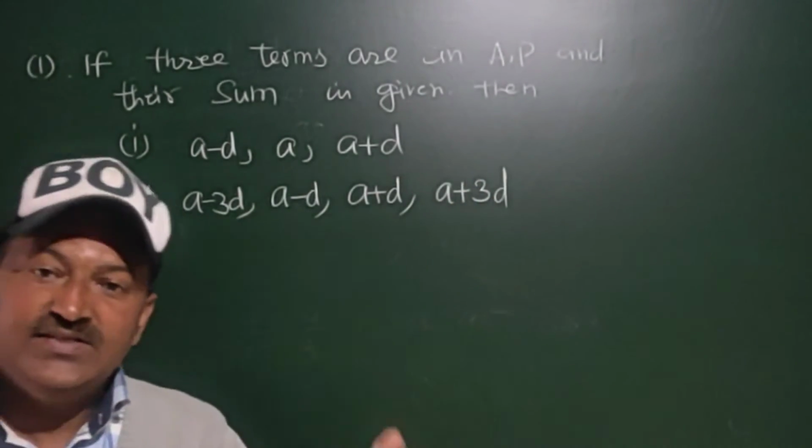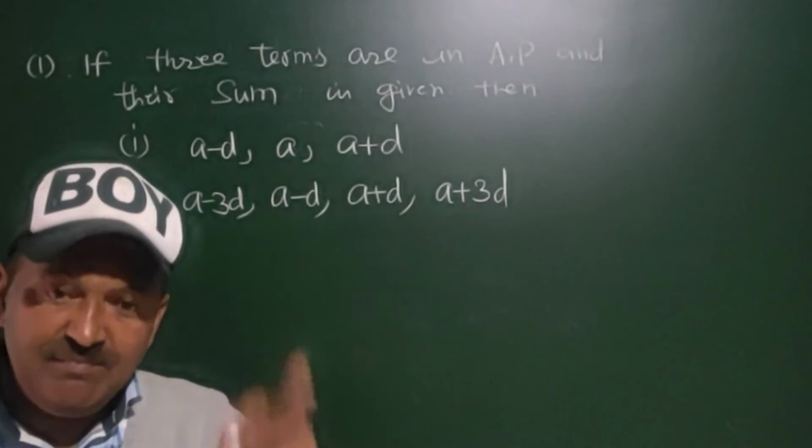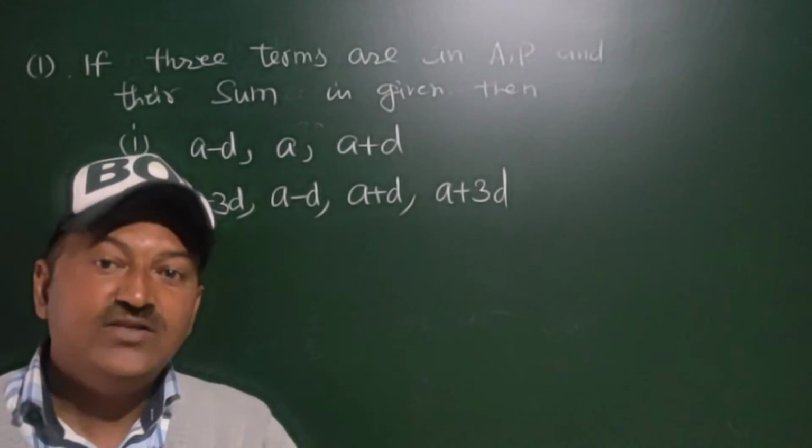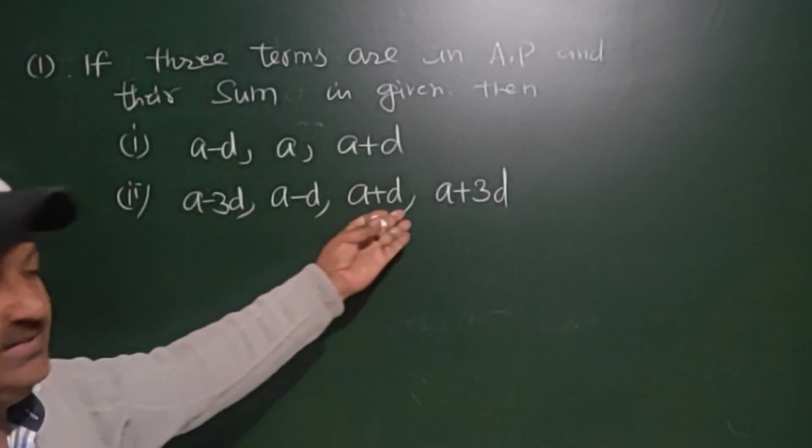If four terms are in AP and whose sum is given to you in the question, then you have to take them like this.